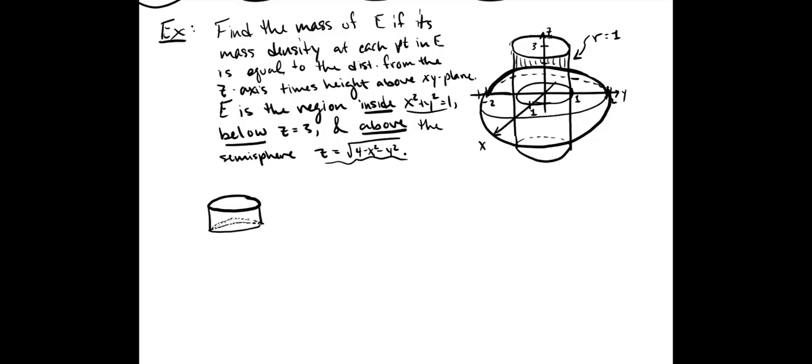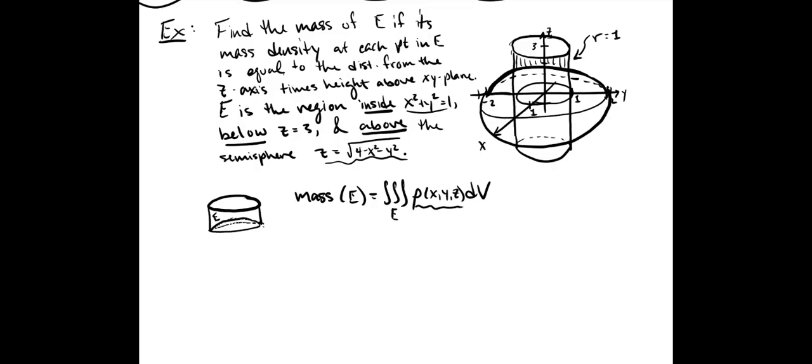It's a little piece of a cylinder with this little bump on the inside from the sphere coming up from below. So hopefully we can see roughly what we're talking about. That's E. Well, and keep in mind, we're finding the mass. In the last one, we didn't do an example of this, but we said the mass of a region is equal to the triple integral over the region of its mass density function times dV.